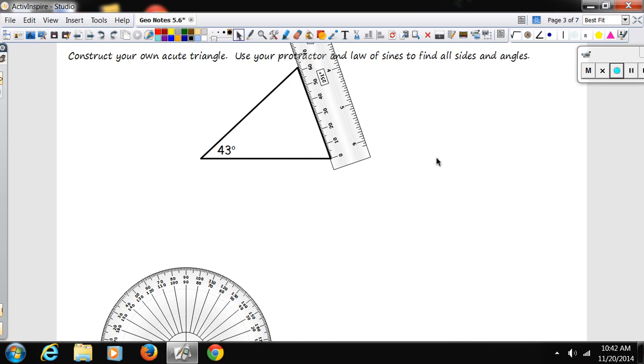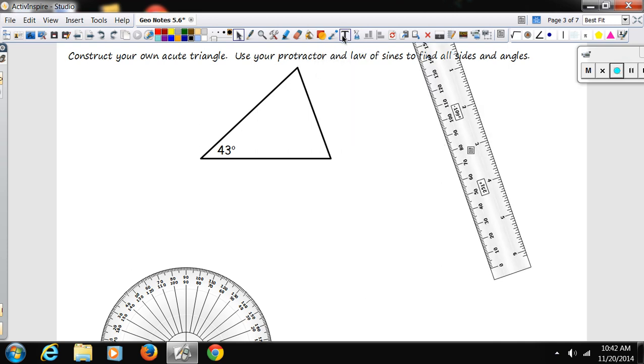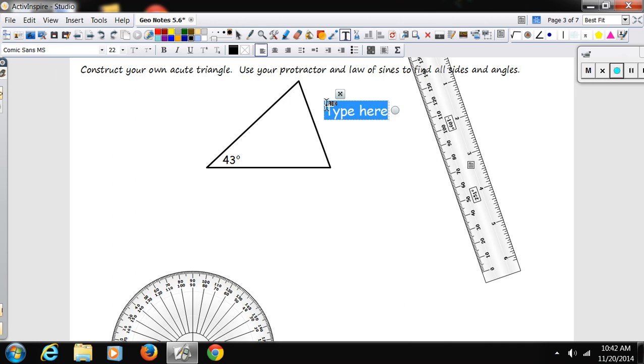I've got 6.4, I'm going to call it. So I got 6.4 centimeters. You might have something totally different, but you should have centimeters. So what we have right now, we could call angle A, and we would then have little a over here. So you've got the two A's.